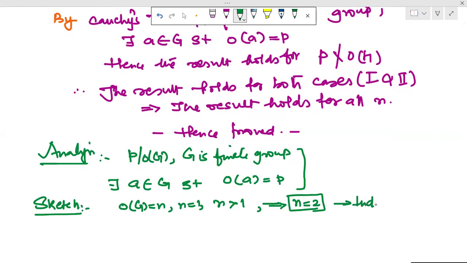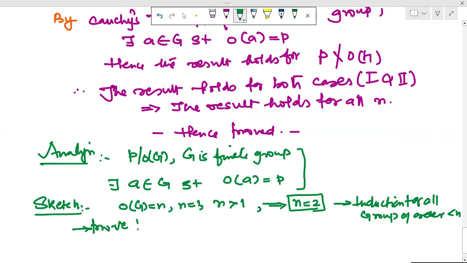Then there is the induction hypothesis for all groups of order less than n. Then we prove the result for n. So when we are taking order of G equal to n, there are two cases.